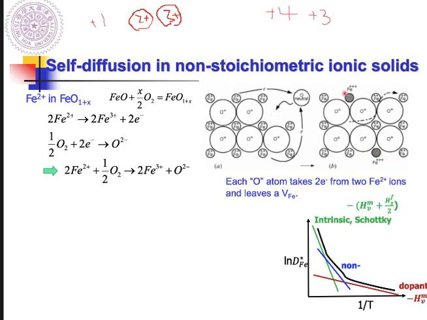So this iron will become three positive charge, and to reach electric neutrality, it also gets a vacancy at the iron side. So this is what really happens inside ionic materials. Each oxygen atom takes two electrons from two iron ions with two positive charge and leaves a vacancy.